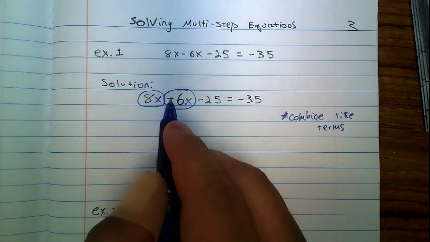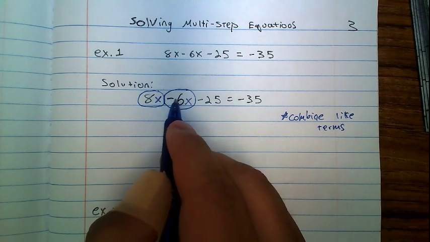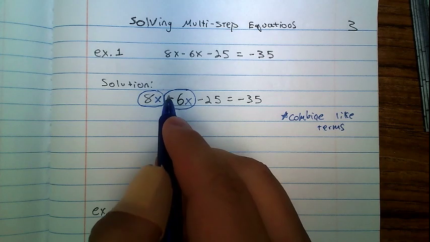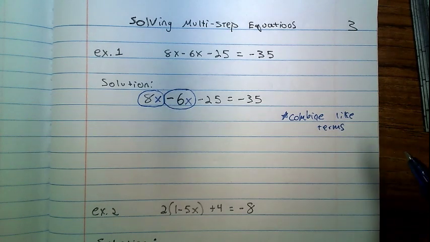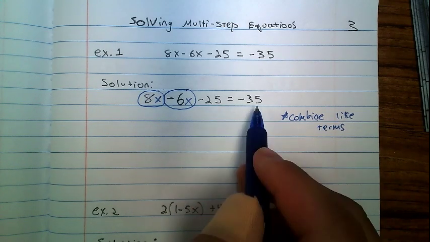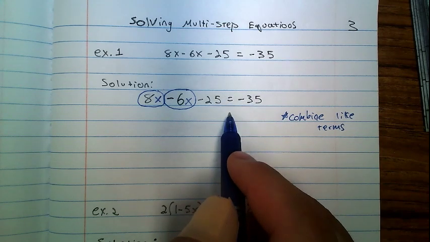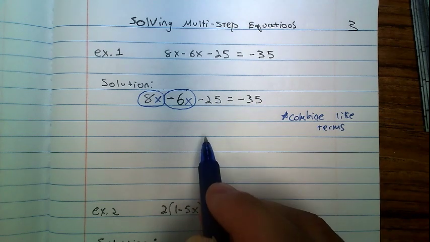And you want to circle this because although it looks like subtraction, we say minus, we say subtract, it's considered a negative number because we would be subtracting it. Another thing to be careful of is a lot of times students want to combine this negative 25 and this negative 35. You can't combine them because they're on opposite sides of this equal sign. So you have to leave them separate. Okay? So don't combine those yet.